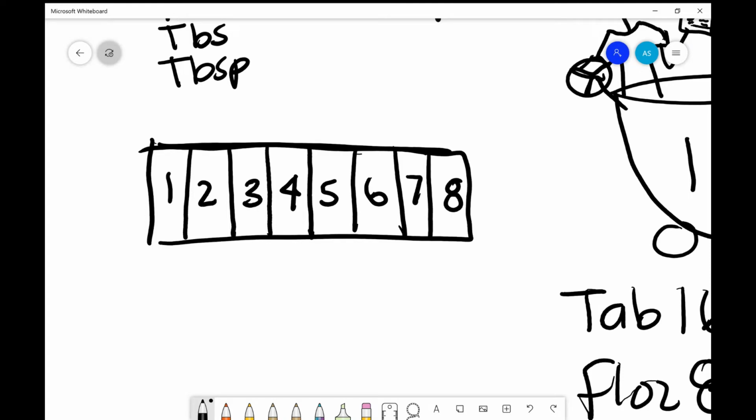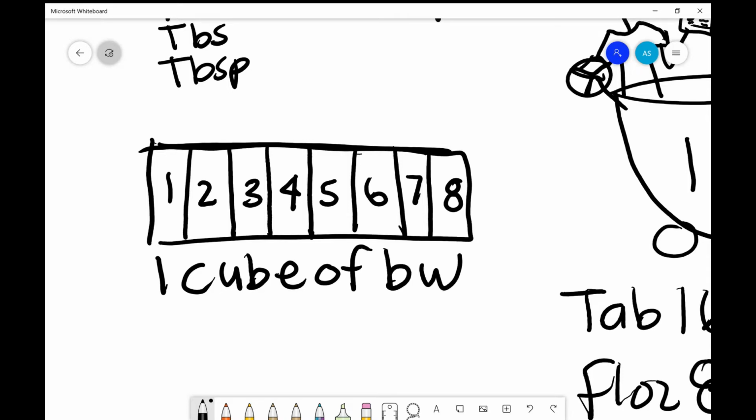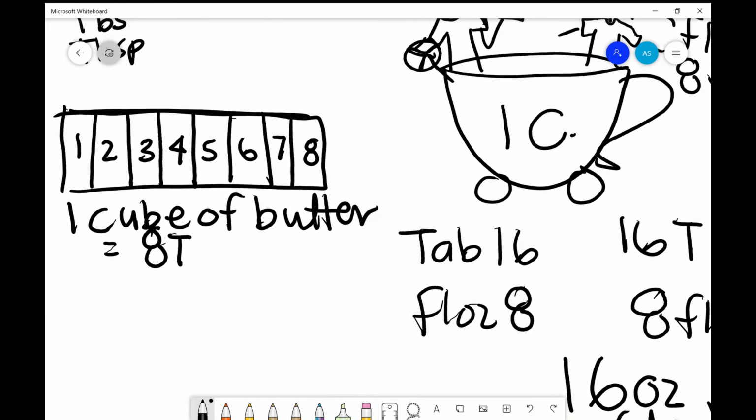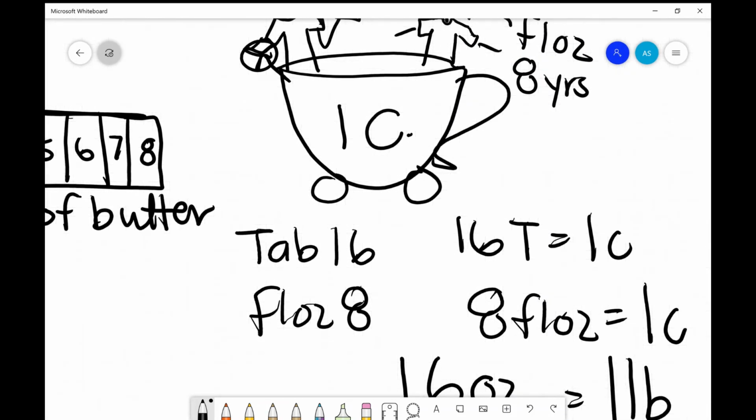Each of these sections represents 1 tablespoon. So 1 cube of butter, or 1 stick of butter is the same thing. Sorry, my handwriting's not great on this here. Is equal to 8 tablespoons. And if we go back over here, we know Tab is 16, so 16 tablespoons equals 1 cup.